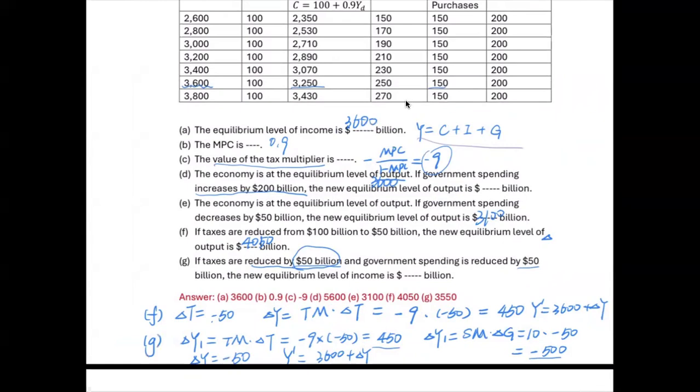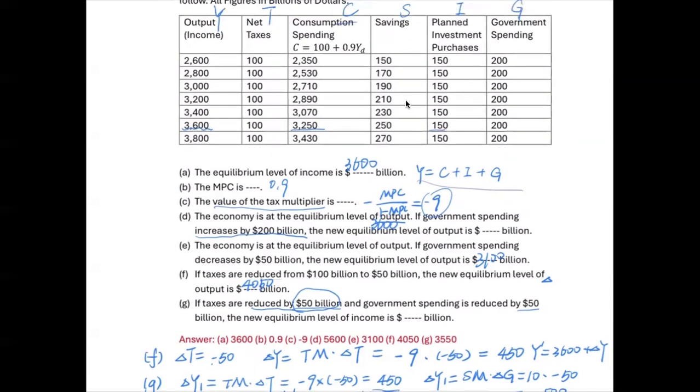For D, you need to find the government spending multiplier first, and then solve this question. The economy is at the equilibrium level of output, so we only look at this row. Then if the government spending increased by 200 billion, what's the equilibrium level of output?